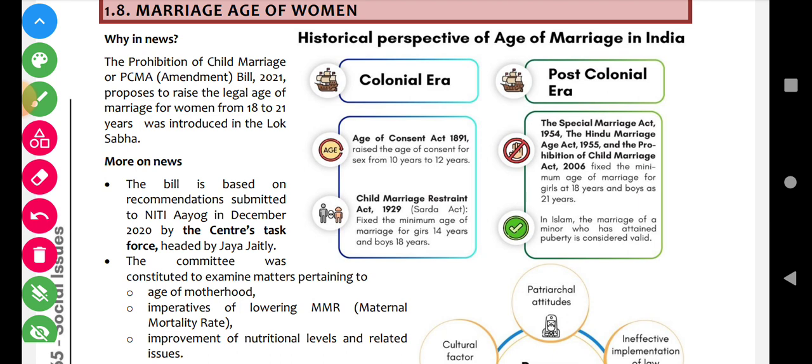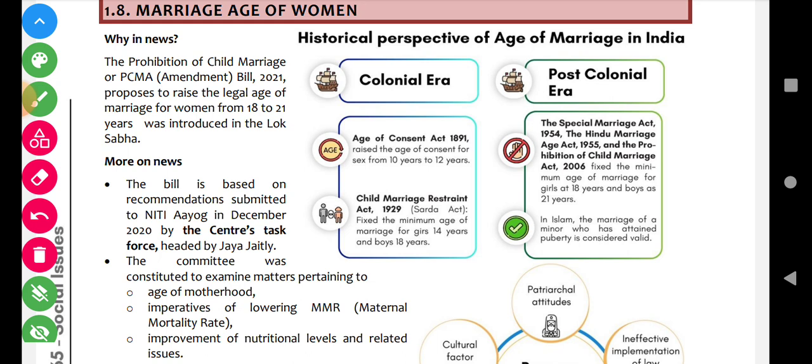What more is in the news: NITI Aayog in December 2020, through the Central Task Force headed by Jaya Jaitly, made recommendations about increasing the age of marriage of girls from 18 to 20 years.